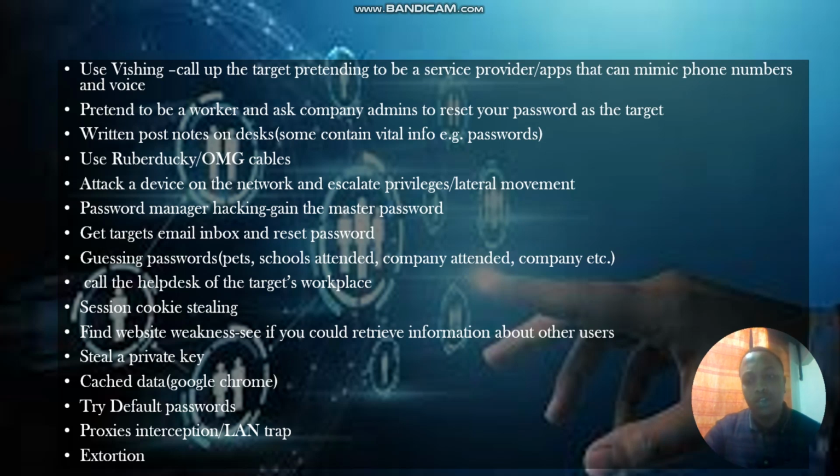Now, if all these things don't work, then the other thing you could do is extortion. That's whereby you do OSINT on someone. By luck, you find something about them, and you threaten them by saying that you're going to leak whatever information you found if they don't pay you a certain amount of money.